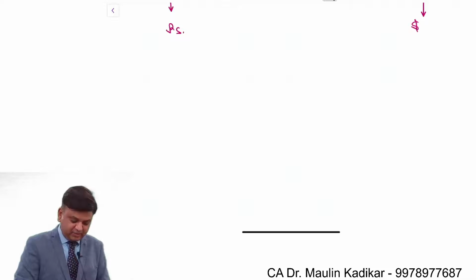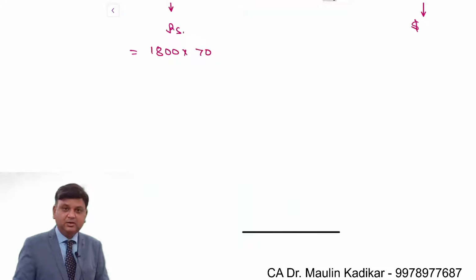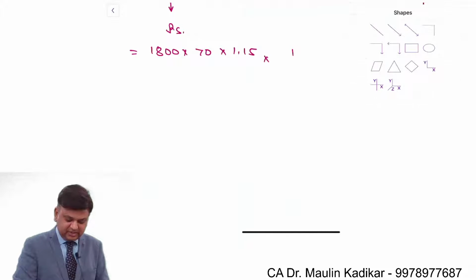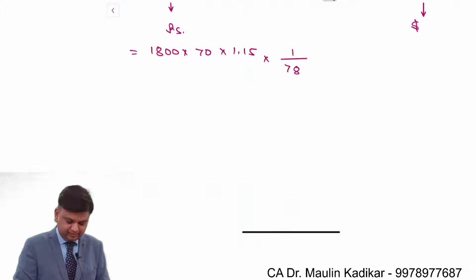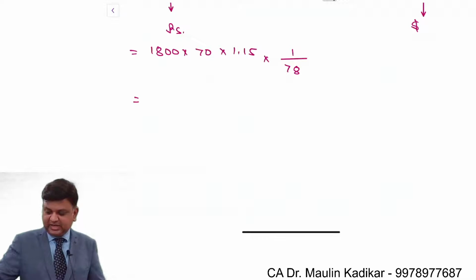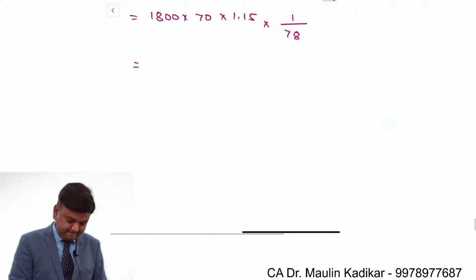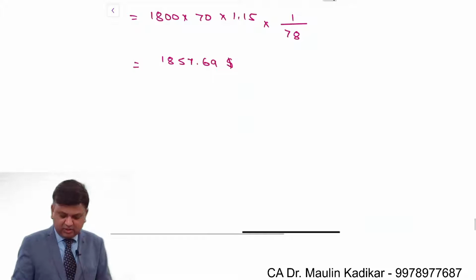If you invest in rupee, so it is 1800 into 70. So you have converted dollar into rupees, into 1.15. This is the maturity amount in rupees, into 1 divided by 78. So it is 1800 into 70 into 1.15 divided by 78. So 1857.69.